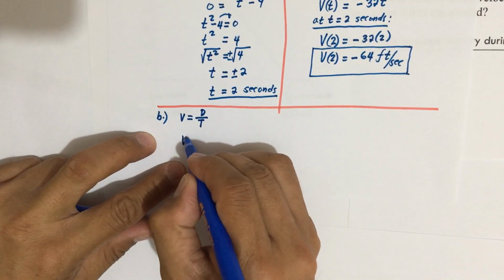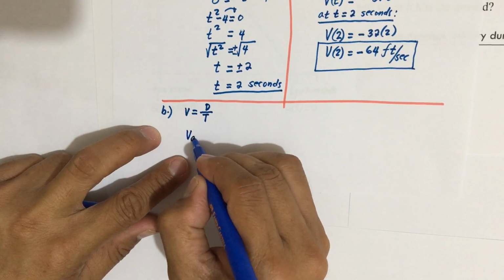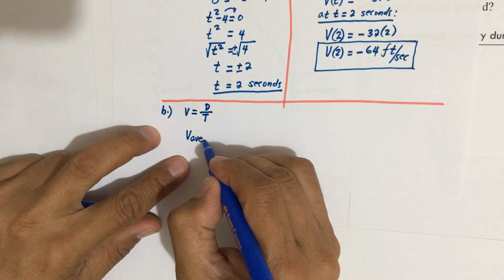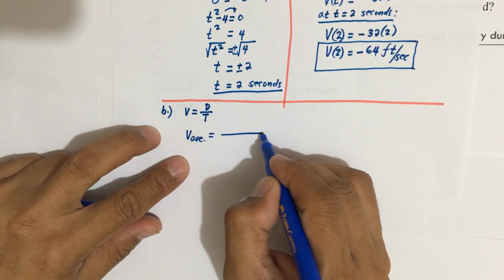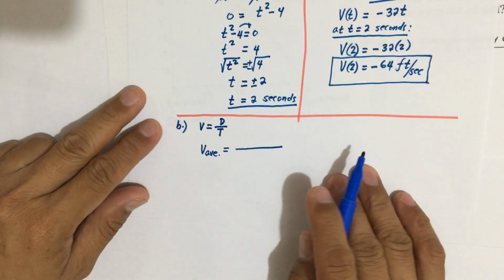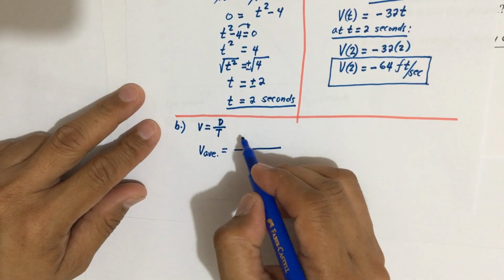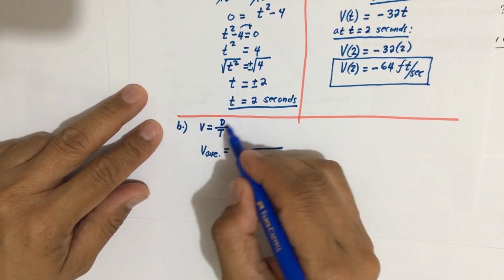So the average velocity v av is simply equal to the initial. We are talking of distance, right?